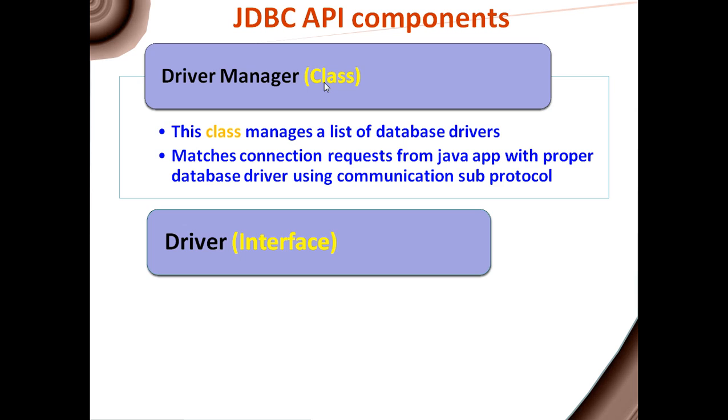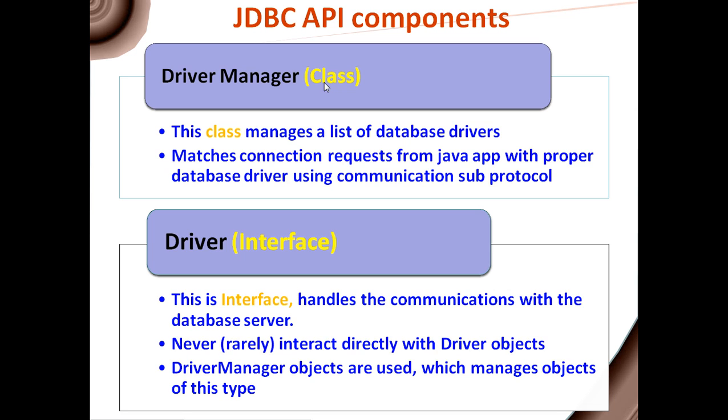Then comes the Driver. This is an interface, not a class. It handles the communication with the database server. As an application programmer, you are not directly going to interact with Driver objects. You are interested only in the implementations of this Driver interface.